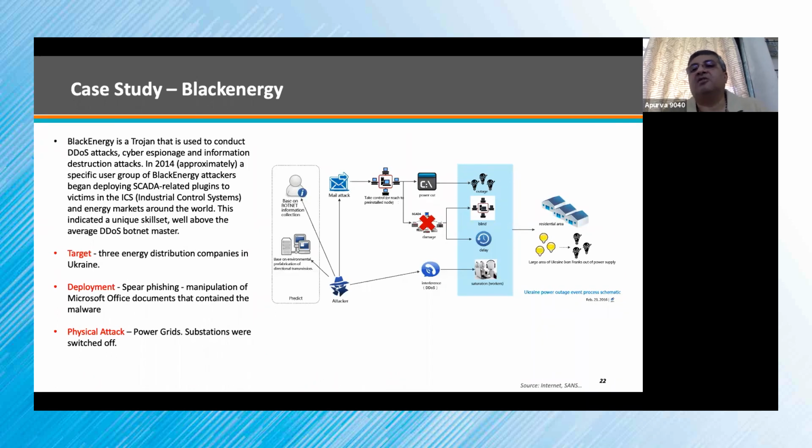I had loss of vision, and eventually it shut down the substations. So it caused a major power grid issue and power loss to the end user. Substations were switched off, and this happened to three energy distribution companies within Ukraine.